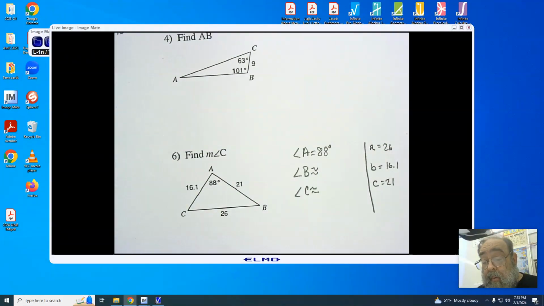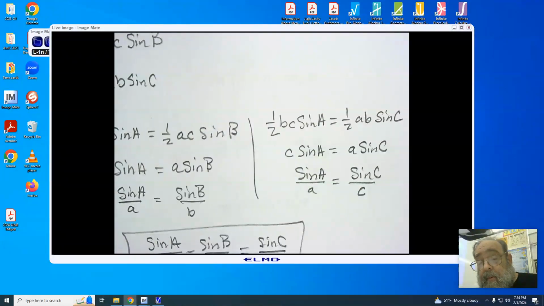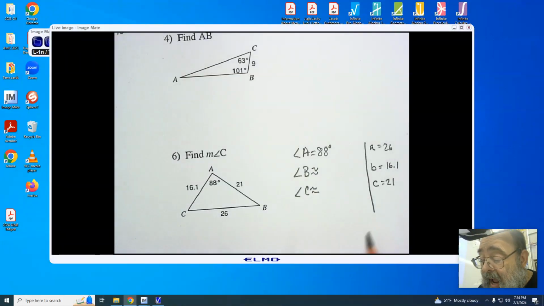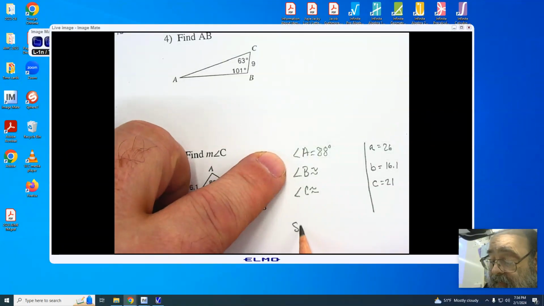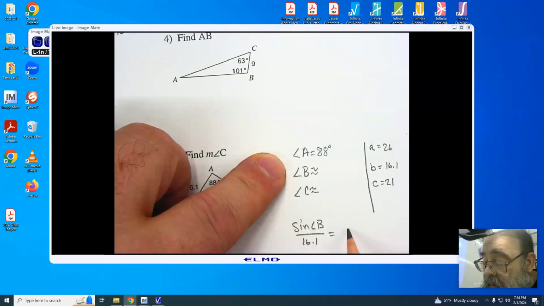Now notice, when I do the law of sines, as we said before, we're going to want to make sure we use the one where the angles are on top. This will allow me to have the sine of angle B divided by 16.1 is equal to the sine of angle A. That was what was given to me.